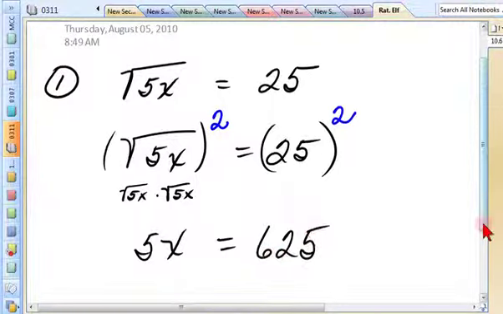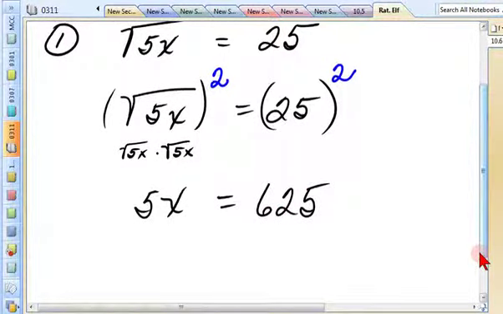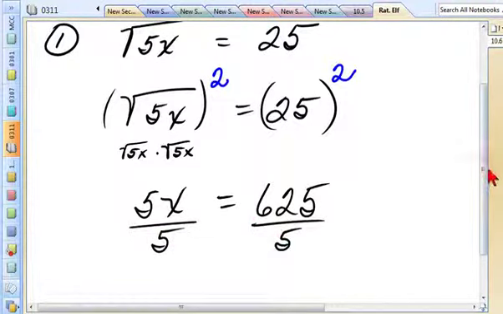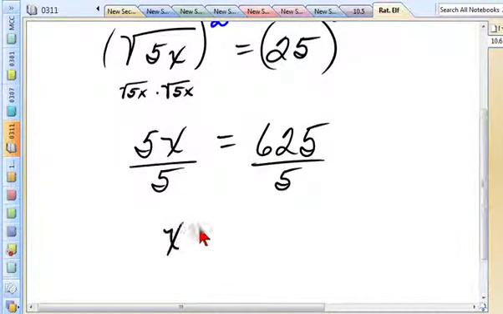I think you get 625. All right, it's looking good. Now, you've got a plain old linear equation to solve. There is a possibility that you'll get a quadratic equation. Divide by 5 and x is equal to 125.